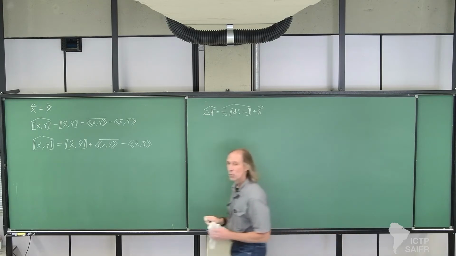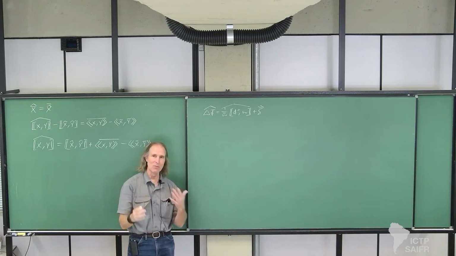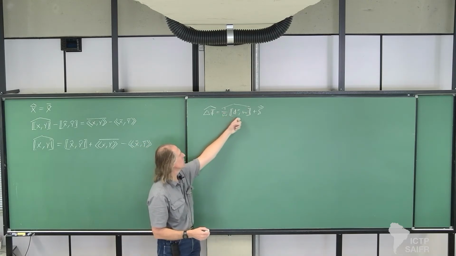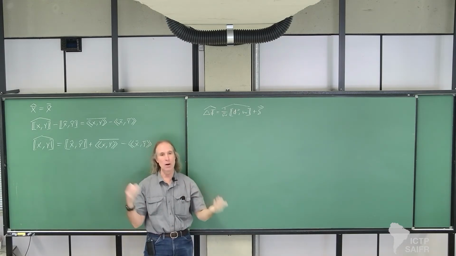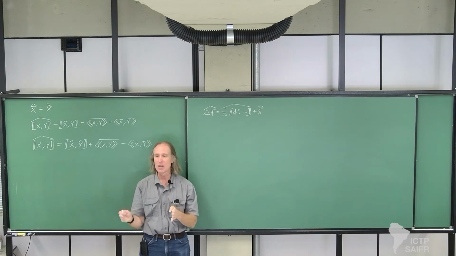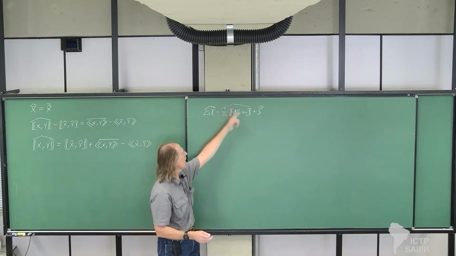Now, here's one thing that turns out to be really important in terms of biological outcomes. You notice I put this hat over the whole thing because these terms are multiplied together. The expected value, either probability or frequency, of a sum of things is equal to the sum of the expected values. The expected value of a product is not equal to the product of the expected values. Okay? So I have to put a hat over both things.